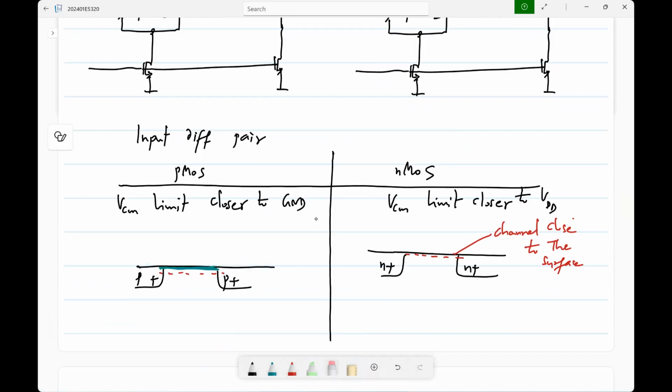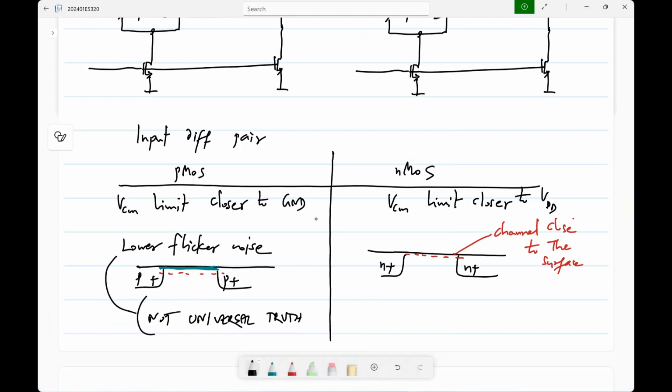I also said that it's because of trapped charges at the surface that you have all these problems. So somehow PMOS has lower flicker noise, but this is not a universal truth. So don't be surprised if you find a process in which NMOS flicker noise is lower or the two are about the same. This is one of the reasons why in low frequency, low noise circuits, you may prefer a PMOS input pair.